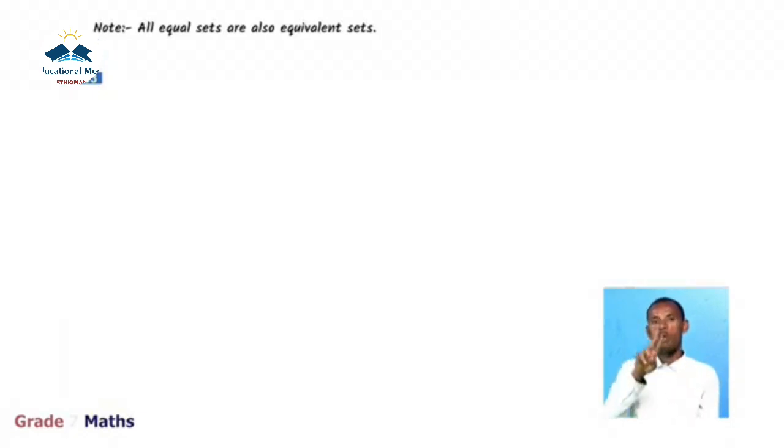All equal sets are equivalent sets. Since if they are equal, they have identical, the same elements. So when you count the number of elements, also same. Therefore, if two sets are equal, they are equivalent.